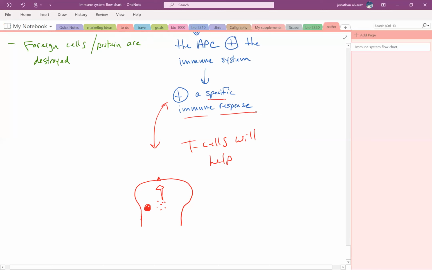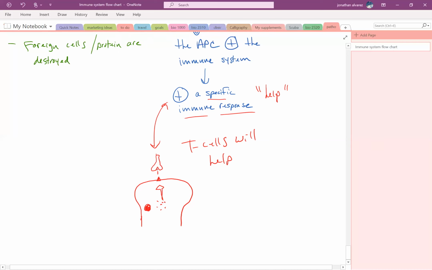Okay, so once we activate help, an example would be T cells. So this T cell would come in, and these two sites would bind.